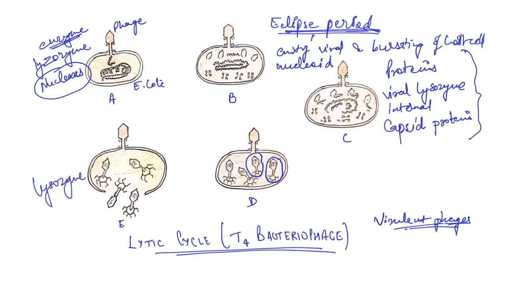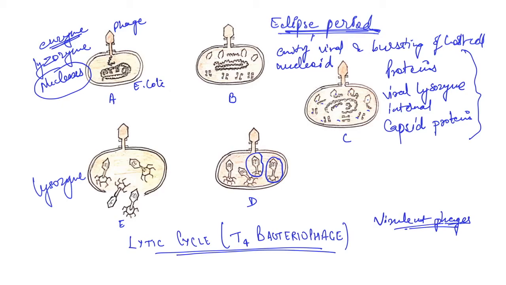It generates various proteins like capsid protein, viral lysozyme, and internal proteins, which make up the entire structure of the bacteriophage. Then it forms together the entire bacteriophage. The host cell bursts and the bacteriophages come out of the host cell.